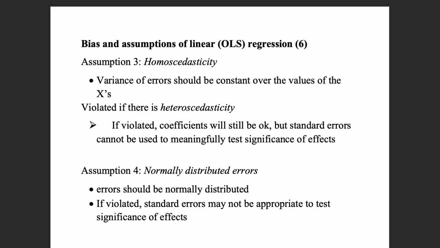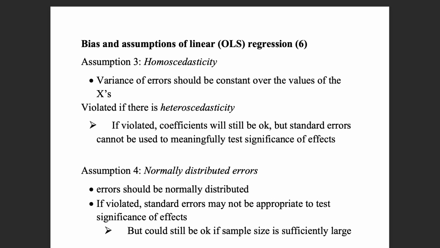Having said that, this problem is especially worrying if you have a small data set, because the larger your data set becomes, the less this is an issue, because the less you need to rely on your errors to be normally distributed to get good estimates of the standard errors. So if you have super large data sets, then it's not such a problem if your errors aren't really normally distributed.